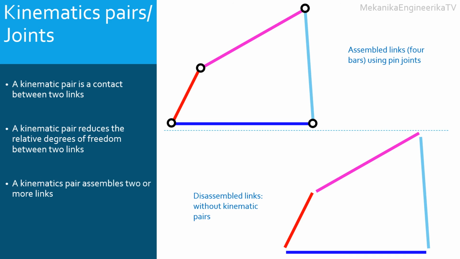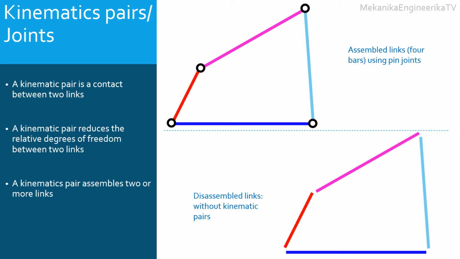Thus, kinematic pairs are used to assemble links together. Without kinematic pairs, the links are dismantled from each other. They move independently of each other. Using joints or kinematic pairs makes links work and move dependently. The motion of one link affects the motions of the others.